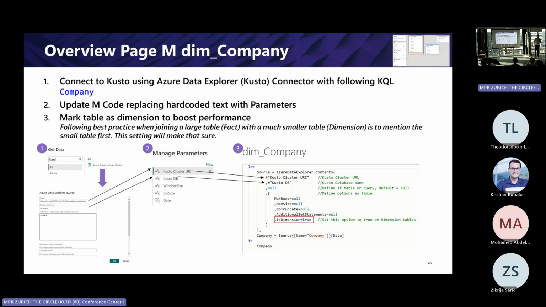Because if Kusto has two tables and you specify nothing, it tries to join them afterwards because that's what we do. But if you specify this one as dimension, this is the smaller one, it will process it and take the smaller table as a filter statement for my fact table. And therefore, my result will be faster as I'm filtering out first what I need and then I process and calculate. And if I say something wrong, just correct me.